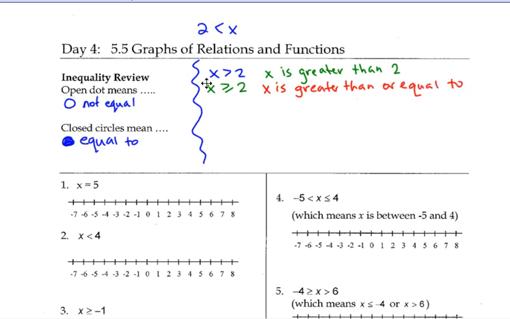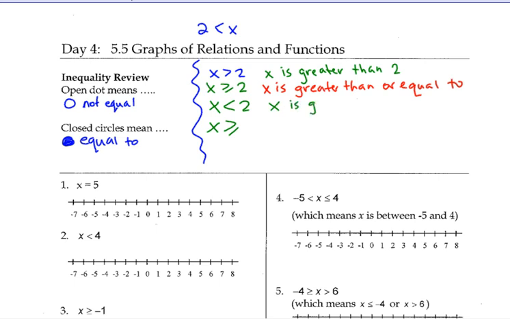Okay, so if we had now this guy, what's that going to be? Less than, x is less than. And if we had this, I should always say x is. Uh-oh, I guess I'm going to have to erase.